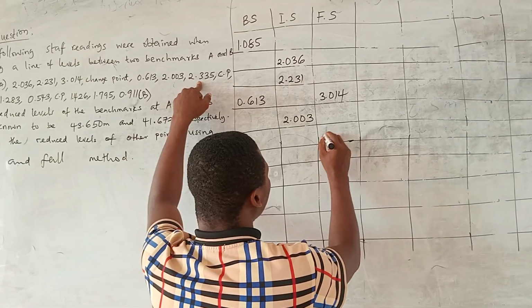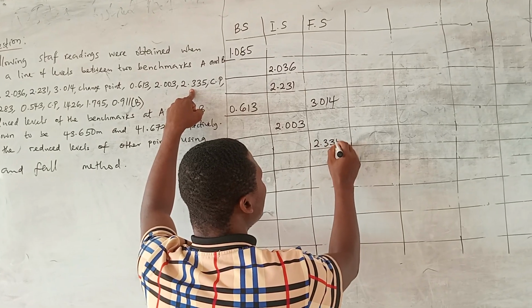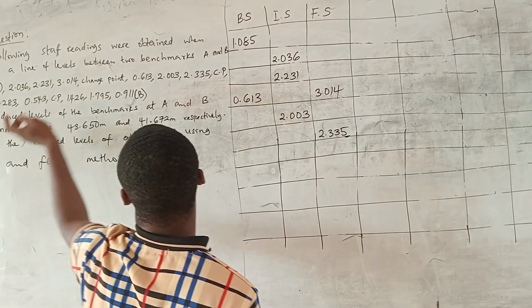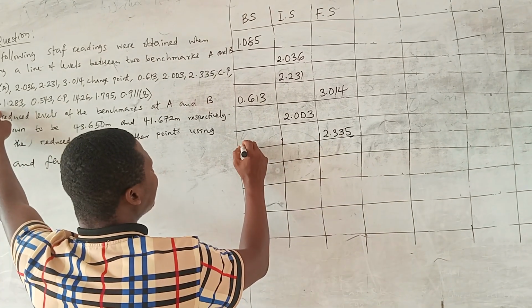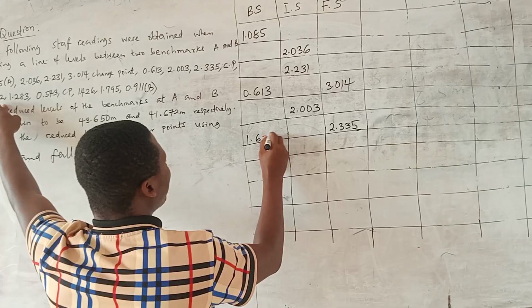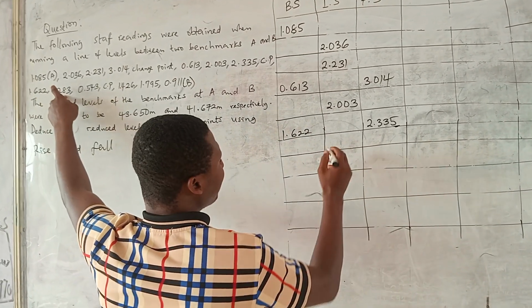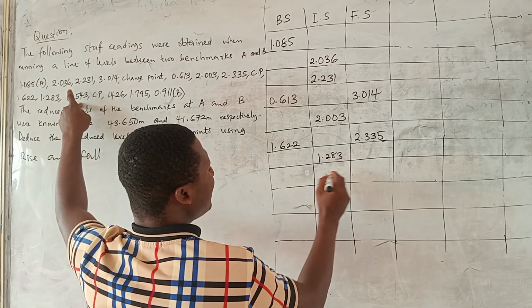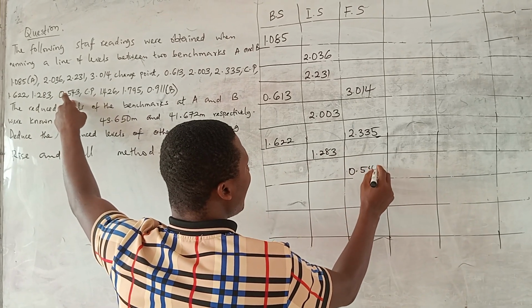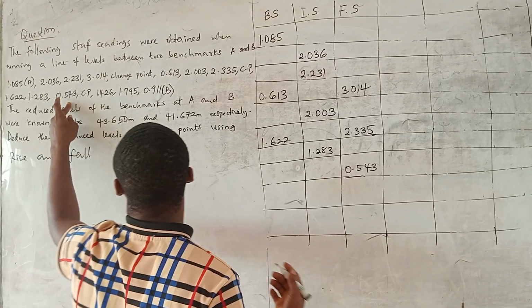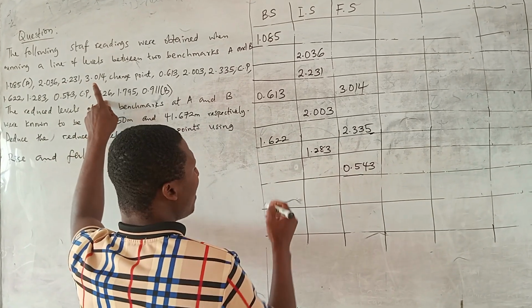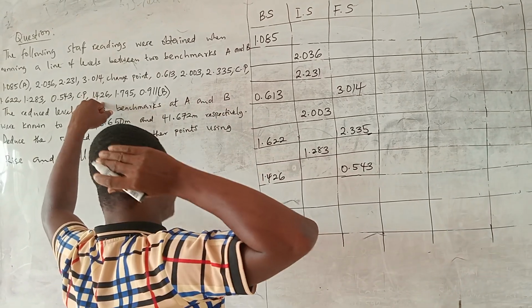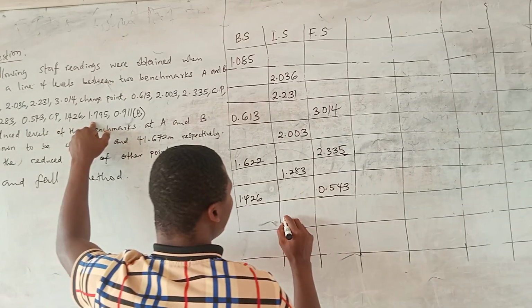The reason why this one is foresight is because this is the last reading before change of instrument. Then we have backsight for this line, followed by intermediate. Then this one is a foresight because after this one again, they change the instrument position and we have this 1.426 to be a backsight, followed by this intermediate sight.